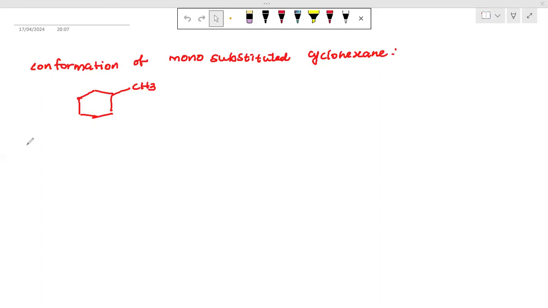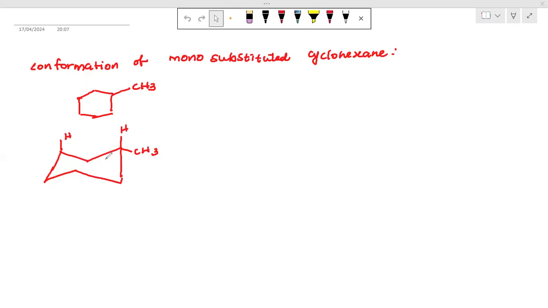Okay, so this is the cyclohexane molecule that we can write. We can write it like this, and this is an axial hydrogen, then an equatorial methyl group, and this is also an axial hydrogen, on the first and fourth carbon.